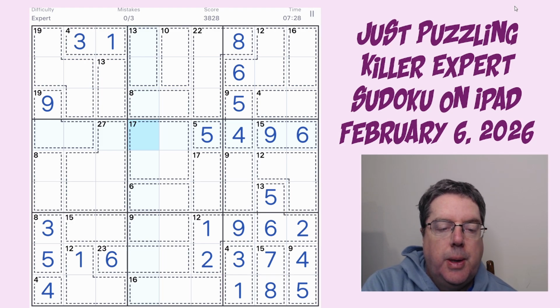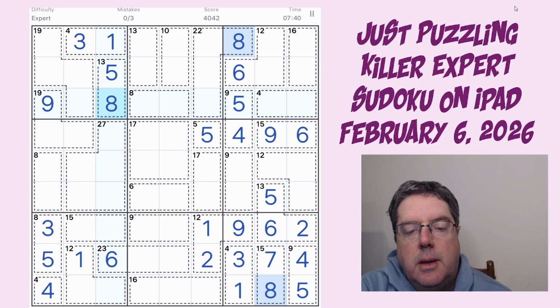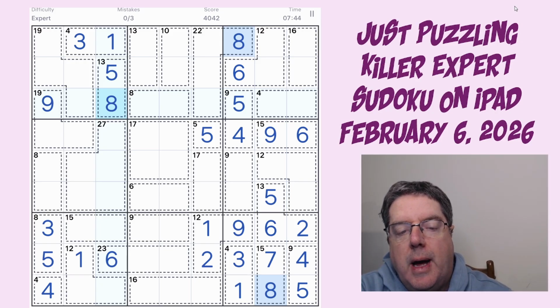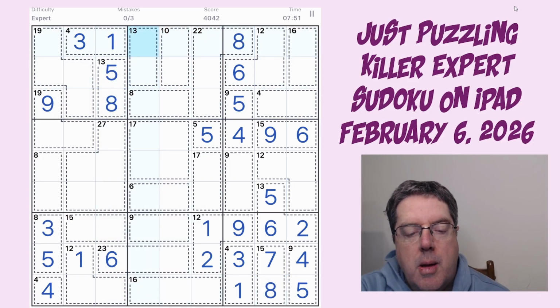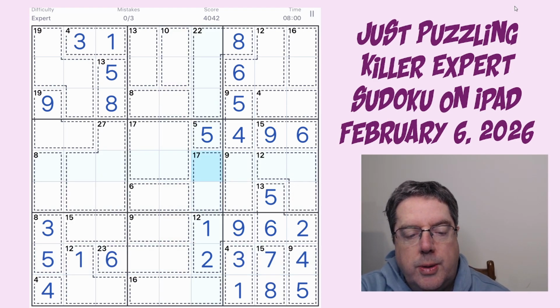So this is because 9, so this can be 9 and 4, well it can't be 9 and 4, can be 6 and 7, can't be 6. So this is going to be 8 and 5. 5 can't be there, so that's a 5 there, leaving this to be an 8. Okay, so 8 can't be in this one, 8 can be in this one. 8 would be there, so that all works.